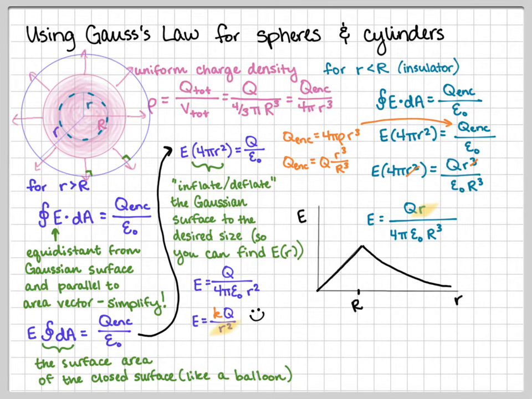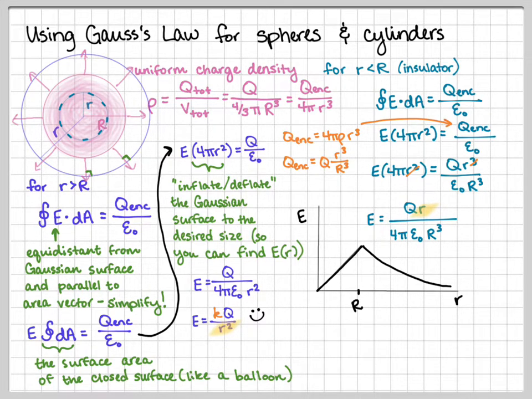And so our electric field versus radius graph looks something like this, which, thinking back to our gravitation unit, looks exactly the same as a gravitational field as you tunnel through the center of a planet. So, again, just another similarity between electric fields and gravitational fields.